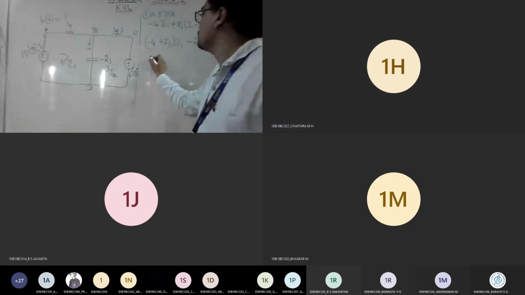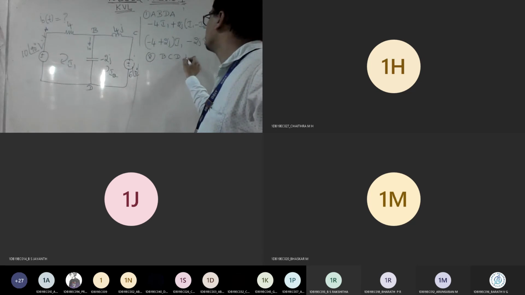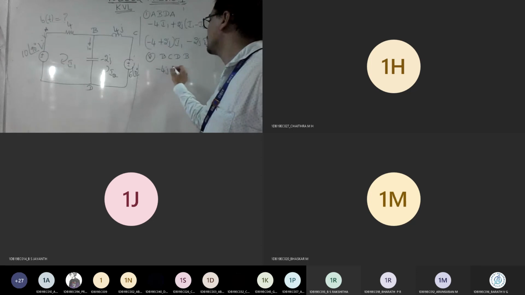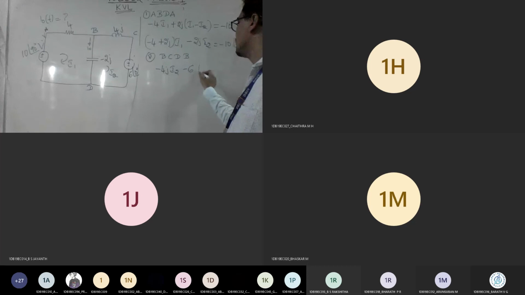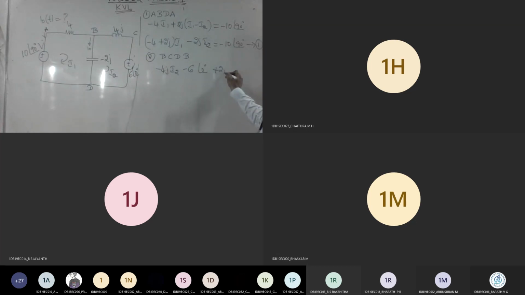Okay. The same way, apply for mesh 2. B, C, D, B. So minus 4J I2. Then plus 2 minus there means minus 6 at an angle 0. Then again minus of minus becomes plus 2J, I2 minus I1 equal to 0.